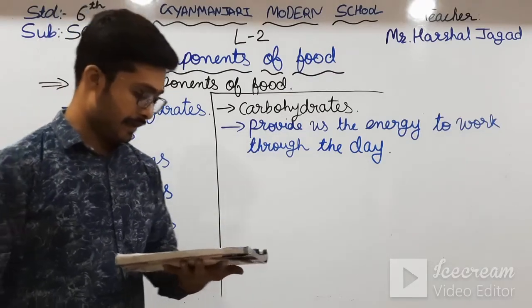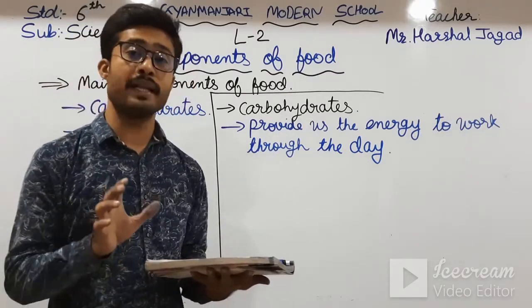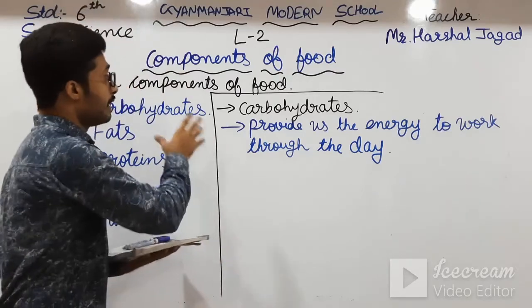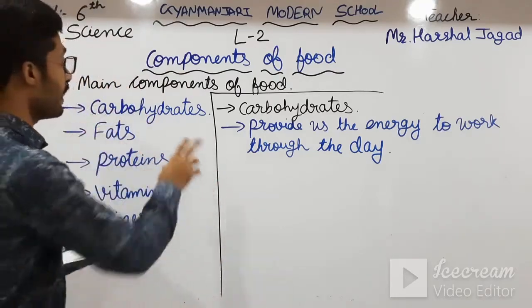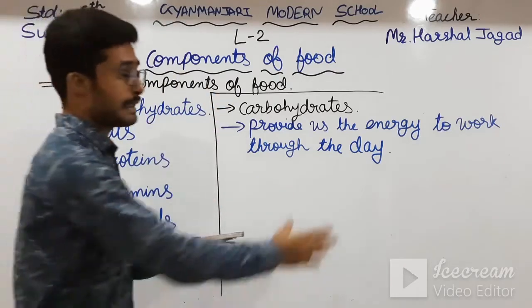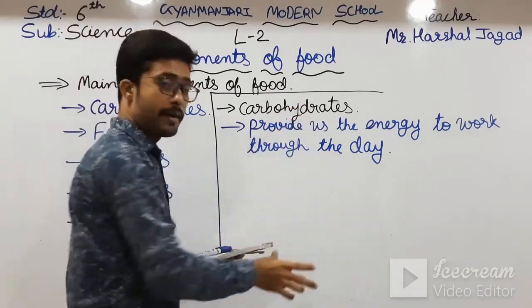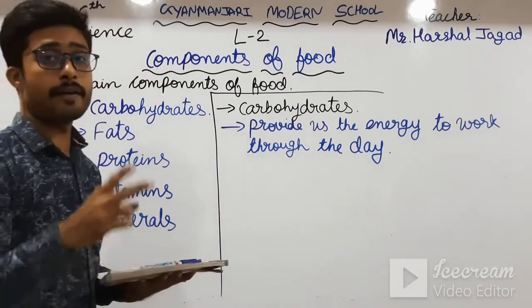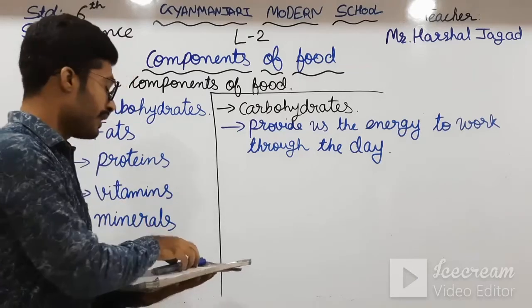And the second, starch and sugar are the two main components. There are mainly five components of the food, and carbohydrate is further divided into two more types. Which are they?